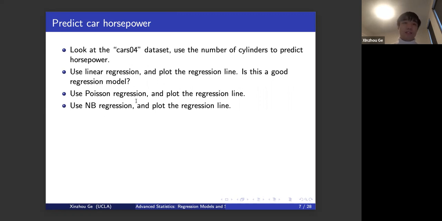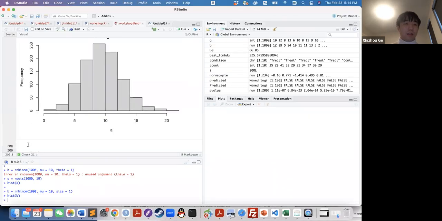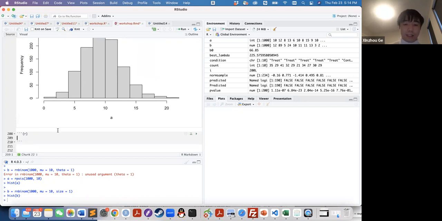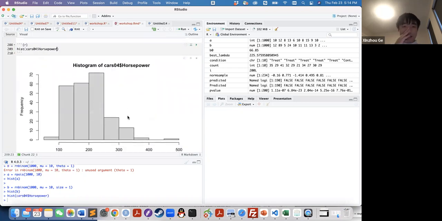The reason for this is that when we look at the distribution of the horsepower, we can see that it clearly has larger variance compared to the mean. So I think it is an overdispersed data set. And all the values in this data set are integers. That's why I would also like to make it the response.